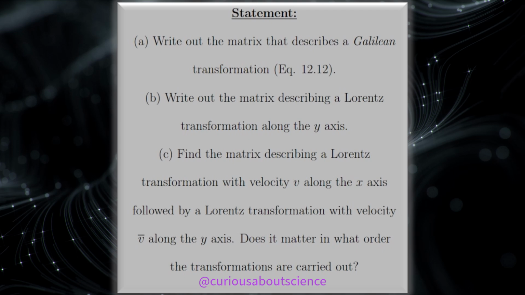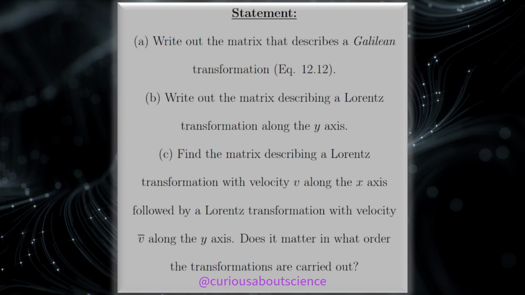The statement reads, for part A, write out the matrix that describes a Galilean transformation, or equation 12.12. Part B, write out the matrix describing the Lorentz transformation along the y-axis. Note that we previously had been doing it along the x-axis.